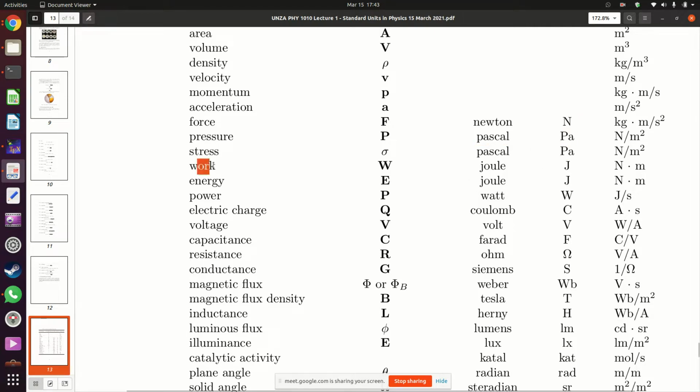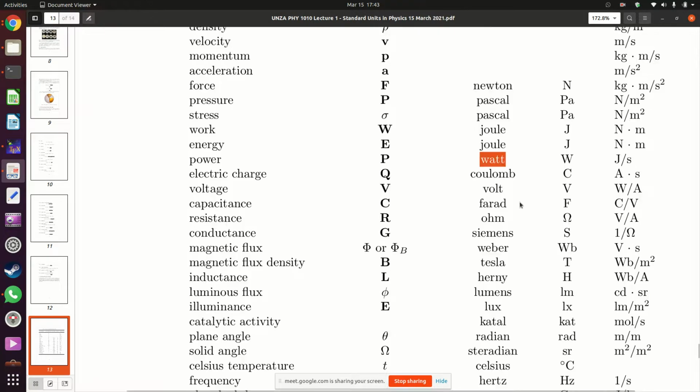Work and energy: work is W, energy is E, but both of them are measured in joules, and the symbol is J. Power, the symbol is capital P. The unit is watt, capital W. Then electric charge, Q. The unit is coulomb, capital C. Voltage, capital V. Volt, V. Then capacitance, capital C. The unit for capacitance is the farad, capital F.